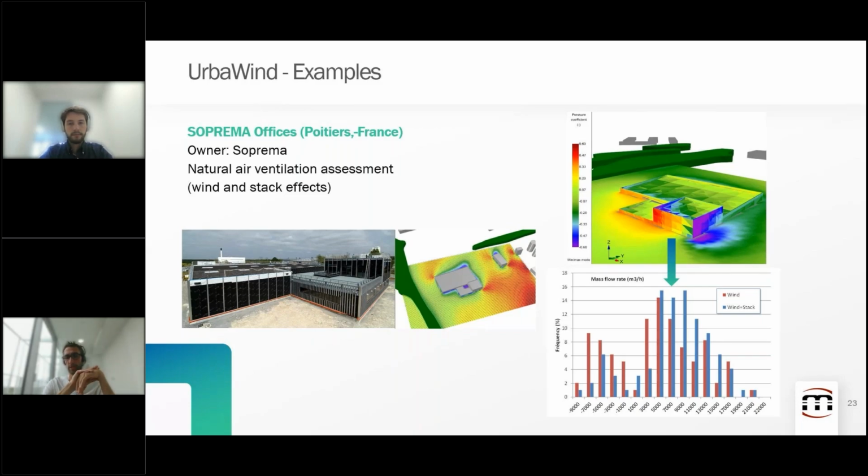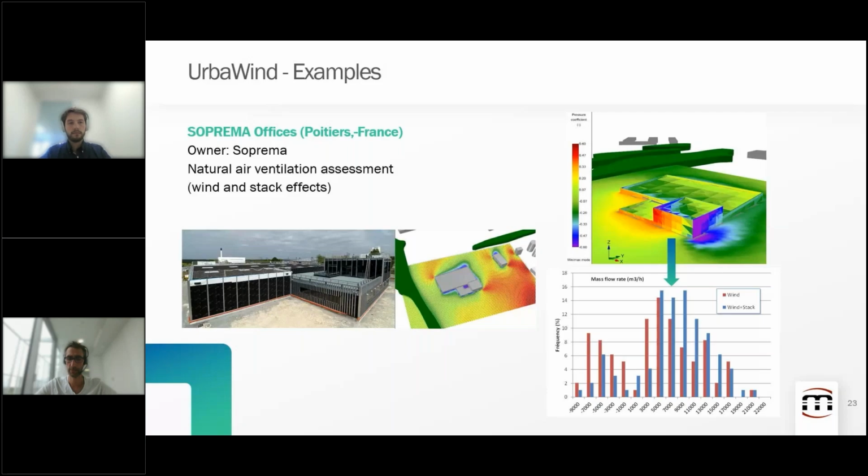We could easily get the pressure coefficient due to the wind, and with a simpler formula from the literature, we can derive the Stokes effect due to the temperature difference between interior and exterior, and the height of the buildings. What we could see is that the Stokes effect is actually quite important whenever you have a high volume.